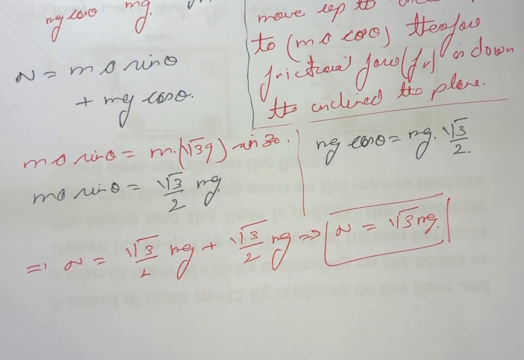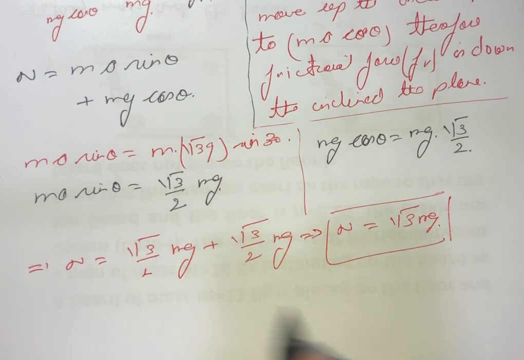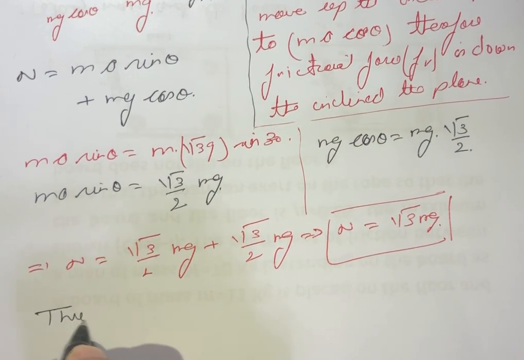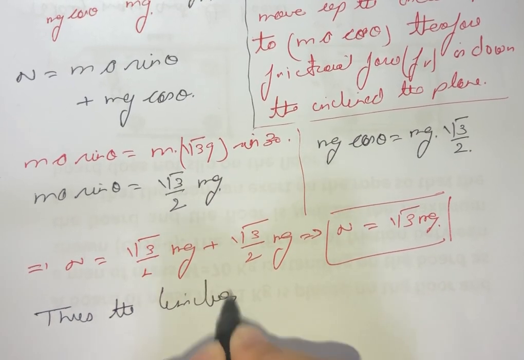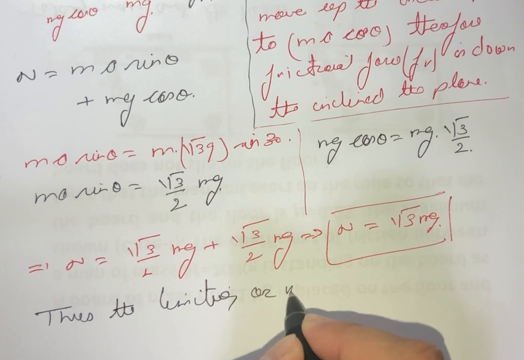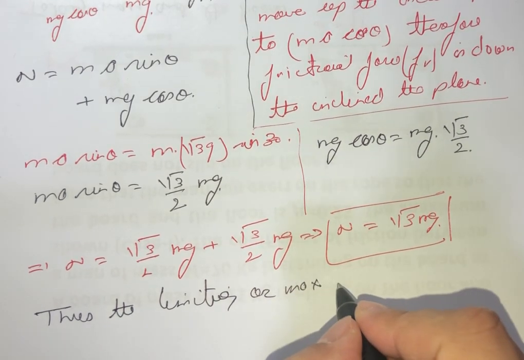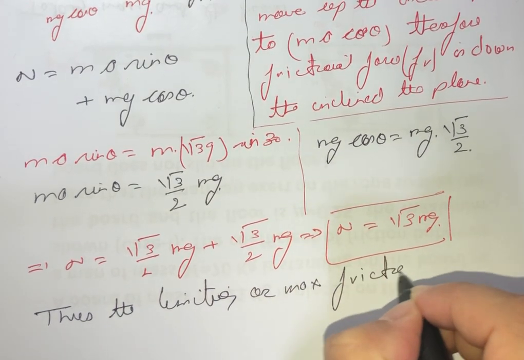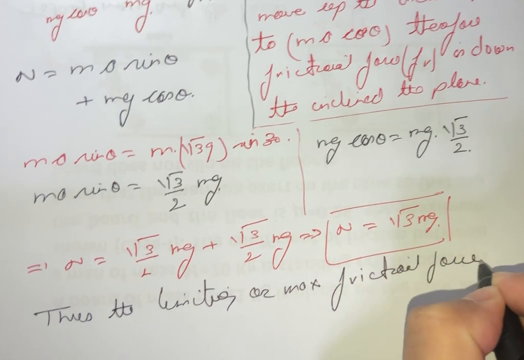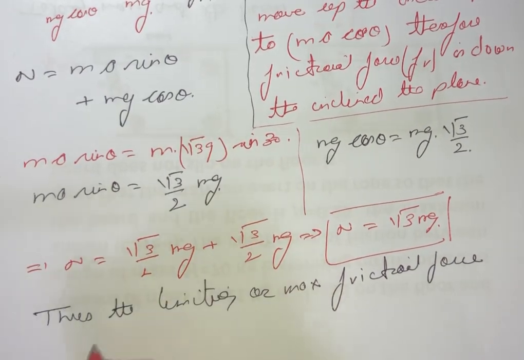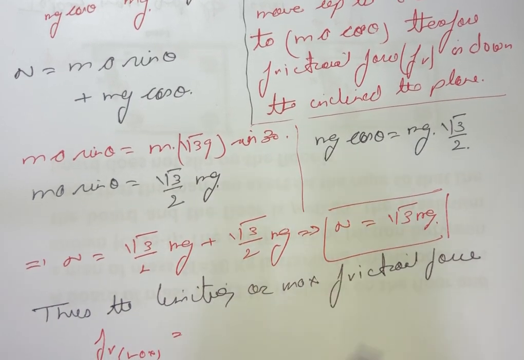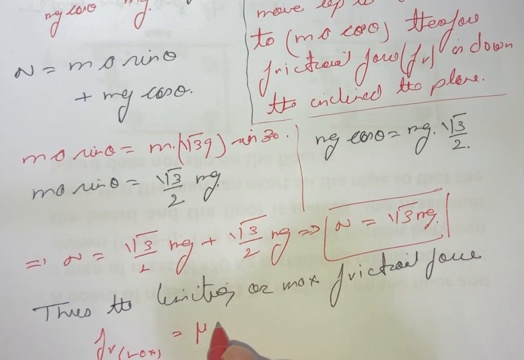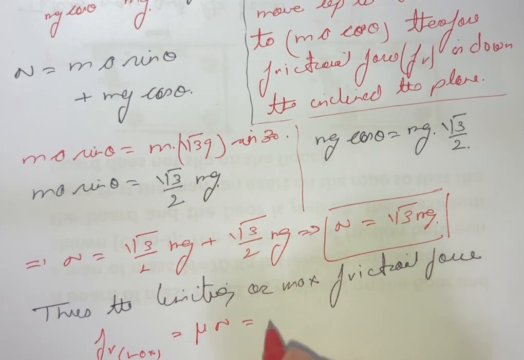So from here we can find out the limiting or maximum value of the frictional force, which we can say is Fr max, will be equal to mu into normal N, and mu is given as root 3 by 2.